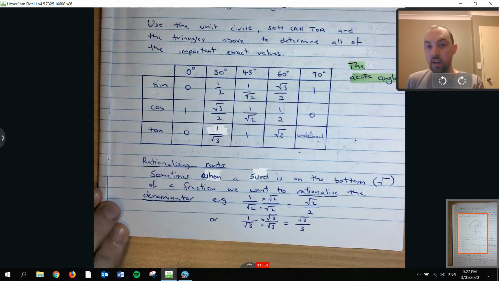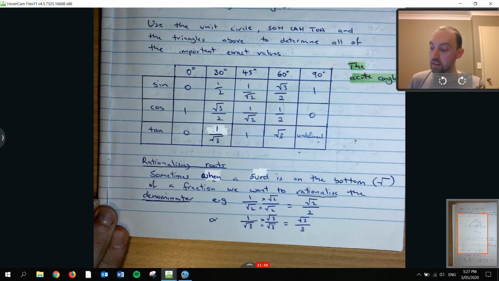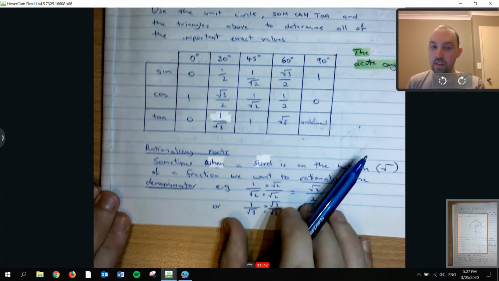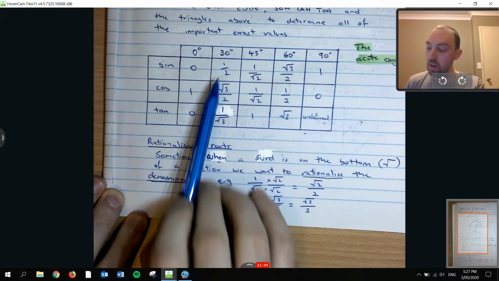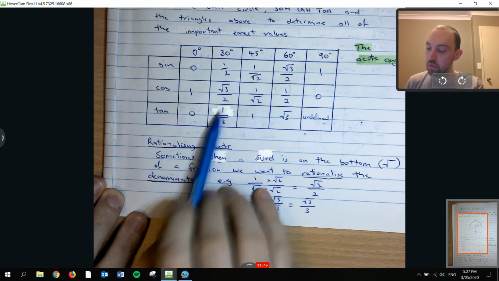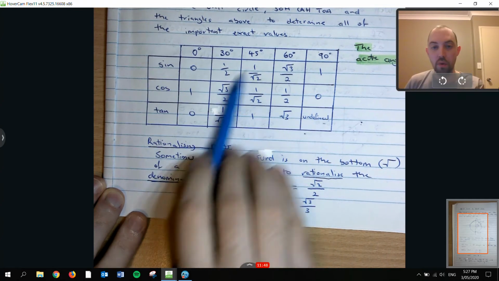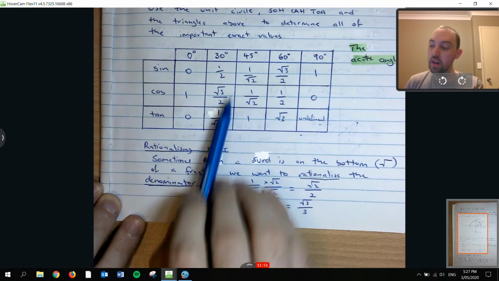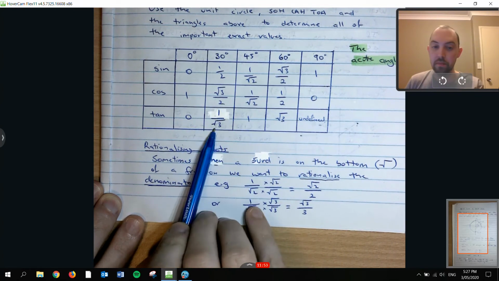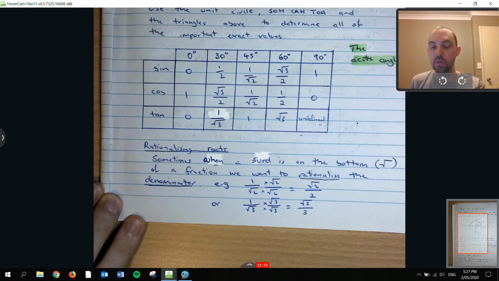A quick side note that I'd like to make sure that we recognize is that sometimes we have a lot of surds, root 2, root 3, involved in these. If they are the denominator, occasionally you'll see them written slightly differently because generally maths doesn't like the denominator of a fraction to be irrational.